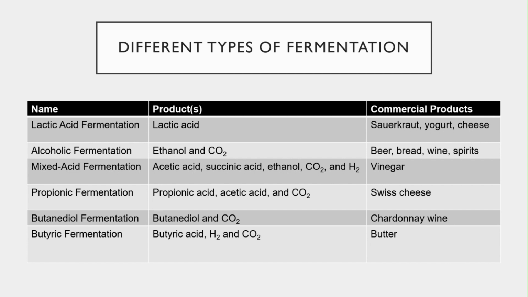There's also propionic fermentation, which produces propionic acid, and it's used in the production of Swiss cheese. We have butane-diol fermentation, which produces butane-diol and imparts a Chardonnay flavor to wine, and butyric acid fermentation, which produces butyric acid, which is what gives things a buttery flavor.